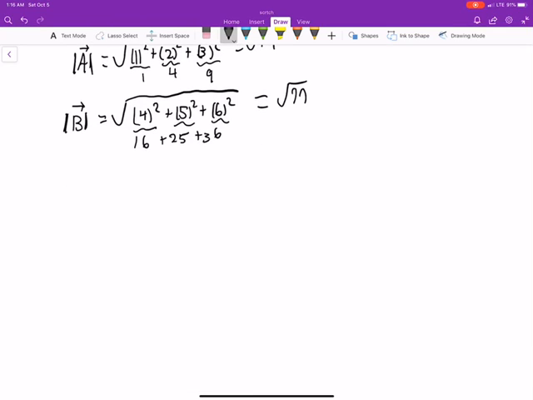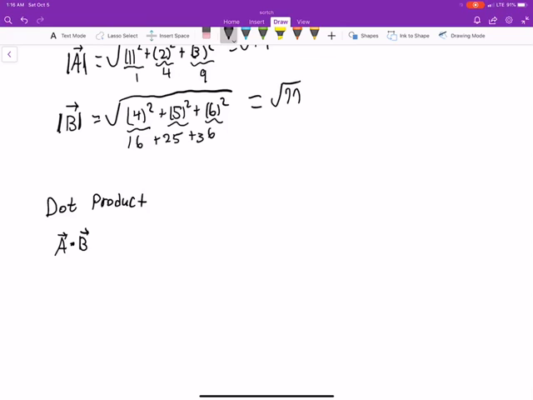The next thing we need to talk about is the dot product. The way I think of the dot product and the cross product is that they tell you really how parallel and perpendicular two vectors are. So let's look at A dotted with B. That can be thought of as just taking the components.